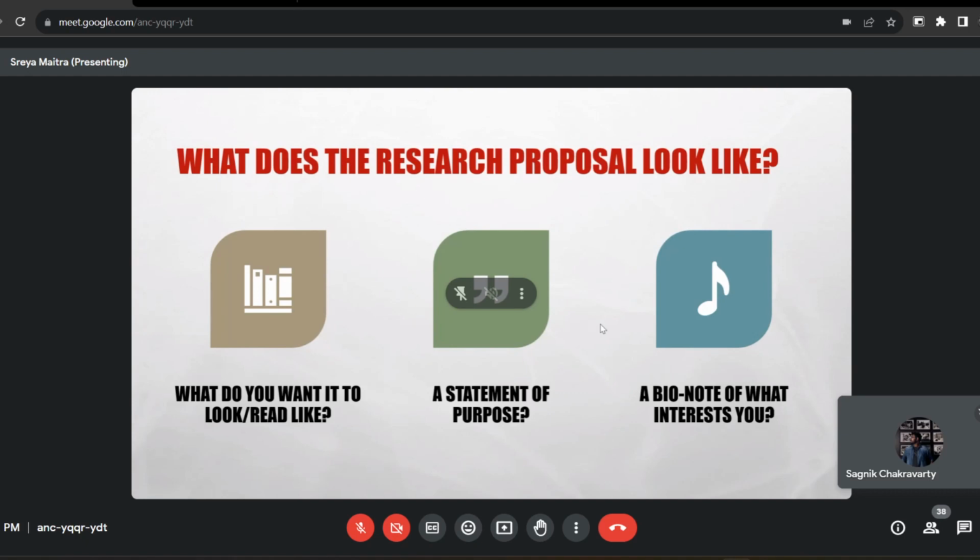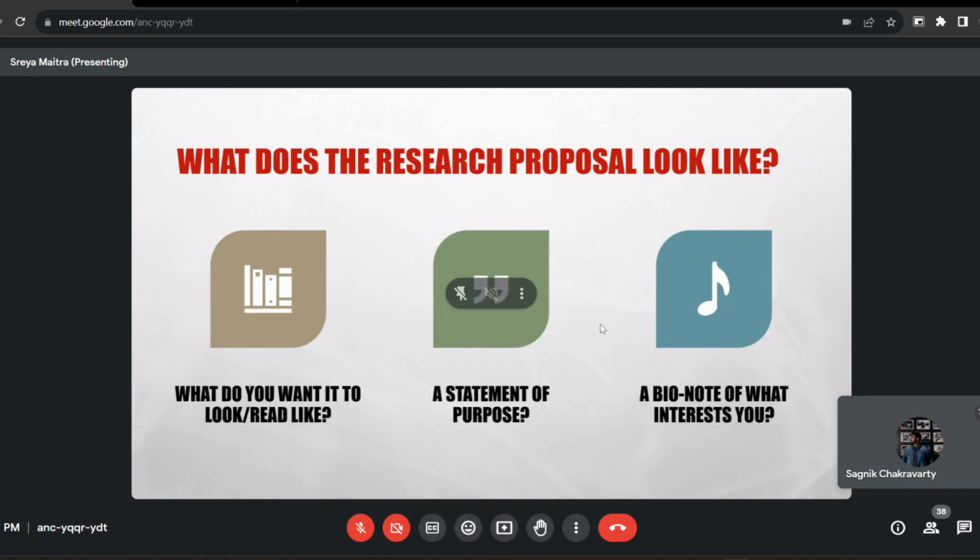The second thing that a research proposal is not is a statement of purpose. Many of you would apply abroad or to other universities. If you are currently pursuing graduation, you would go for post graduation, you would go for PhD, and you are required to write an SOP.